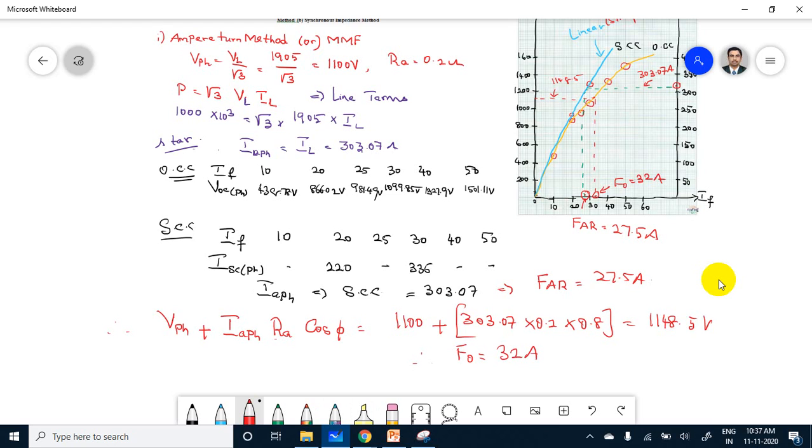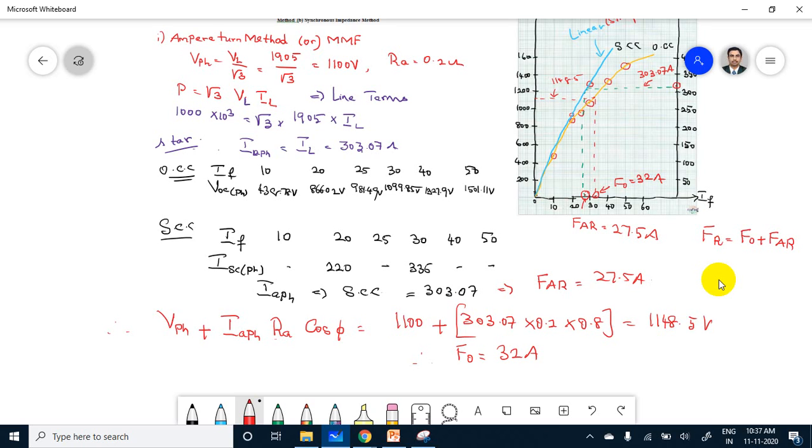Okay, generally in the magnetomotive force method, that is the MMF method, two types of magnetic fields are produced. One is FR, the resultant magnetic field. FR equals F naught plus FAR.